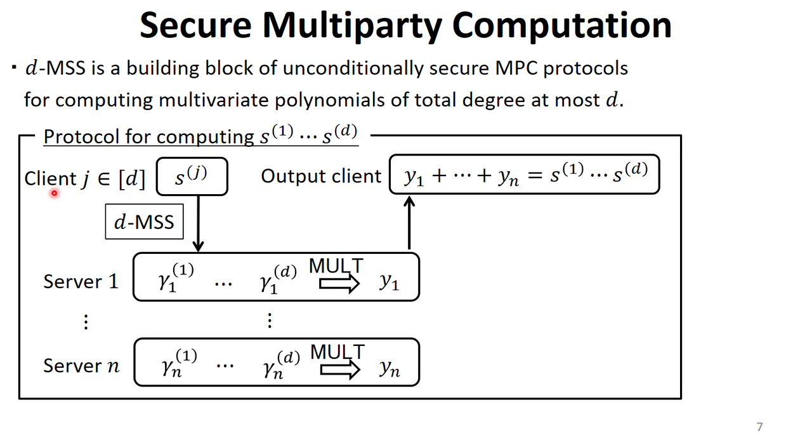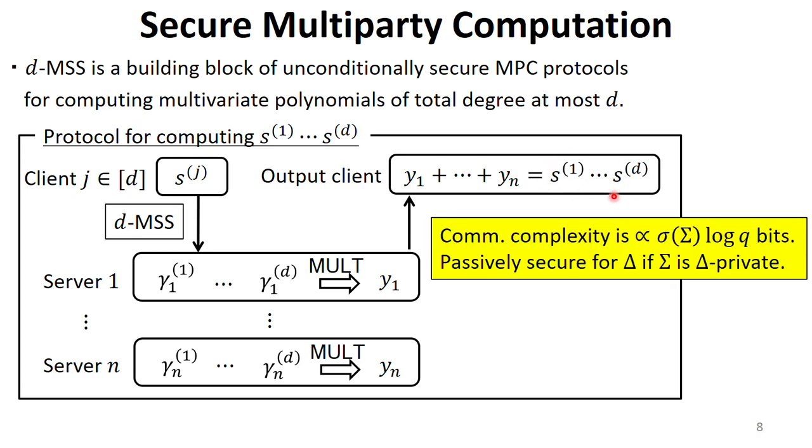So first, each client shares their secret inputs among n servers by the multiplicative secret sharing, and each server can locally compute the function mult and obtain the additive sharing of the product. Then an output client collects these additive sharings and reconstructs the desired output.